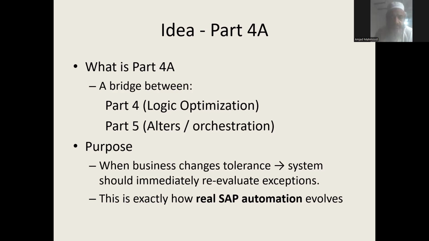So instead of pressing a button, I want the system to react automatically. The moment I change the tolerance here in the worksheet, Excel should immediately reevaluate all the SAP COOISPI confirmations, and this is exactly what SAP does internally. We can achieve the same behavior using a simple worksheet change event.